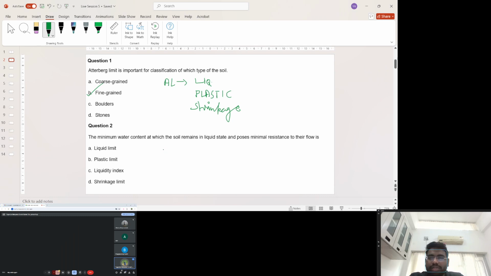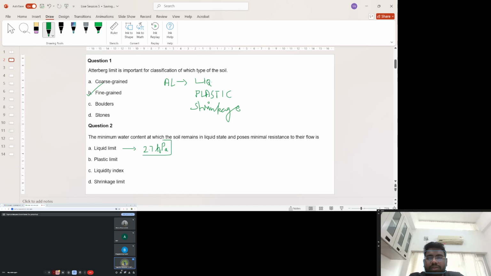As per IS standards, the shear strength of soils at liquid limit is approximately 2.7 kPa, very minimum.